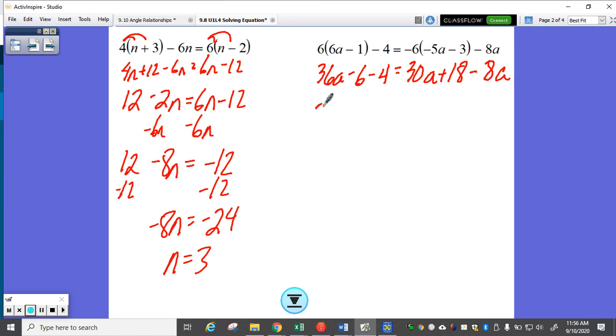So 36a minus 10 equals 22a plus 18. We'll subtract this from both sides. This gives me 14a, add the 10 to both sides, 28a.